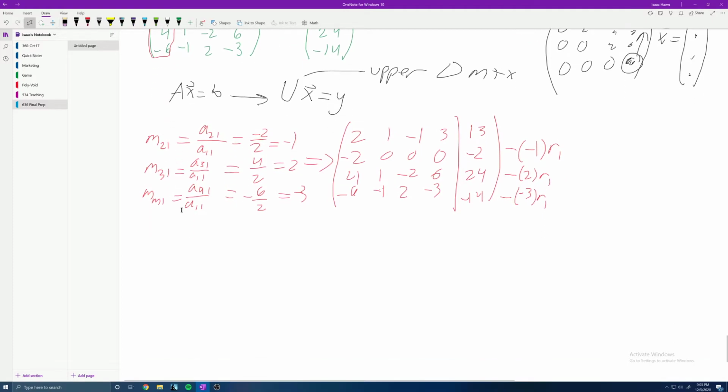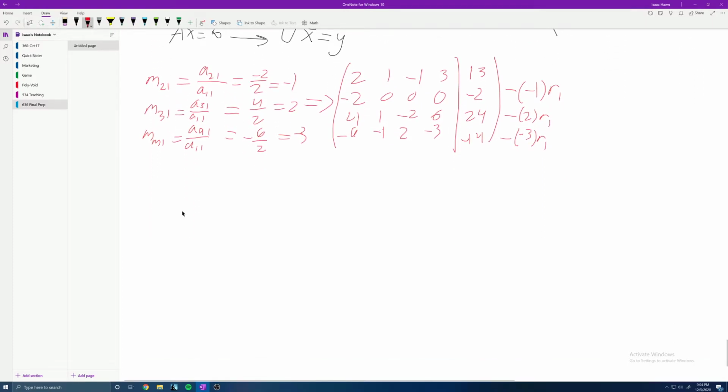And what we see is that the top row is going to be the same, right? It's going to be 2, 1, -1, 3, 13. The bottom row: -2 minus -1 times 2 is 0, which is the whole purpose of that. That's what we wanted.